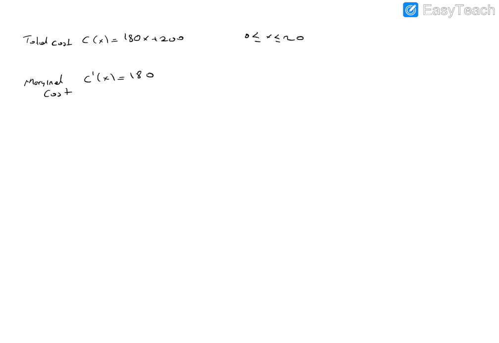What is the change in cost as production is increased from 5 units to 10 units? Okay, easily you can calculate the change in cost from 5 to 10 units, which is C of 10, the total cost when the production level is 10, minus C of 5, the total cost when the production level is 5.